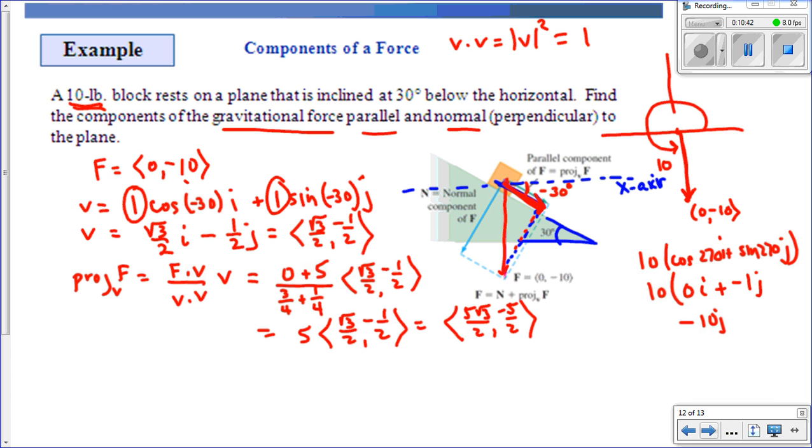Now that is the vector represented going downward on this ramp. So that is our parallel vector. I'll call it P. Now we want to find the vector N, which is in this other direction.